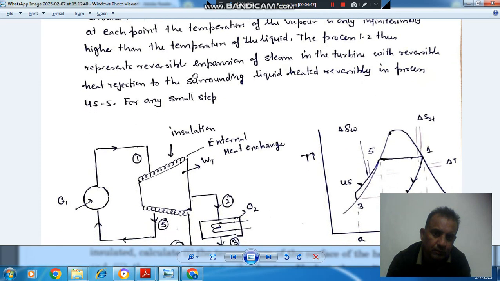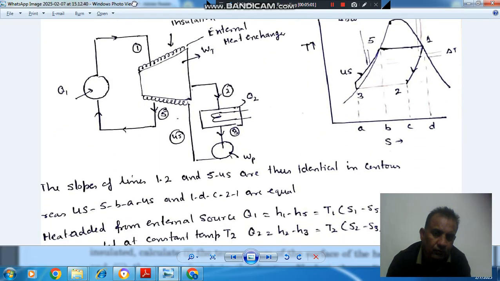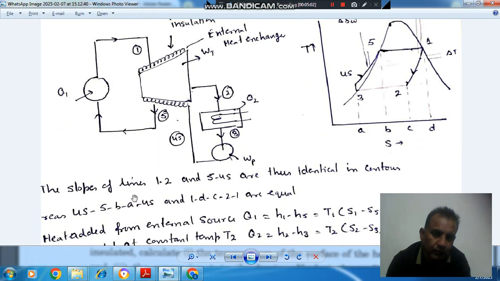The process 1 2 represents reversible expansion of steam in the turbine with reversible heat rejection to the surroundings. The surrounding liquid is heated reversibly in process 4 to 5. For any small steps, the slopes of lines 1 2 and 5 4s are thus identical in content.